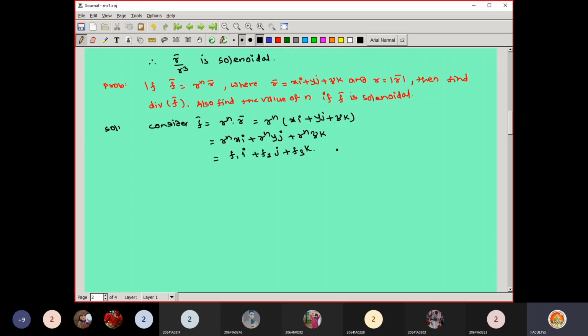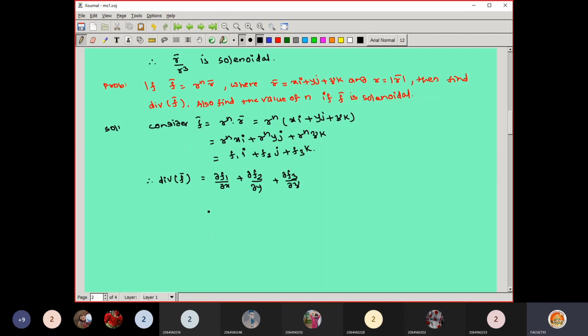Whenever you write this simplified form, it is very easy to calculate its divergence. The divergence of f bar is simply, without writing the i, j, k terms, dou f1 by dou x plus dou f2 by dou y plus dou f3 by dou z.